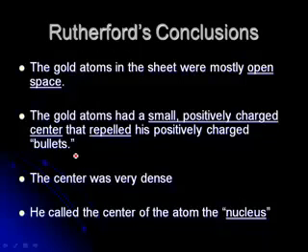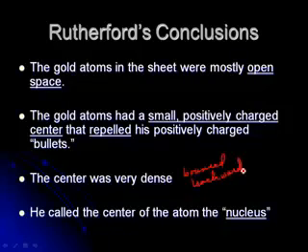Here, because a very few bounced backward, he concluded that there must be some very small dense center that every once in a while these alpha particles would hit and it would bounce them straight back.